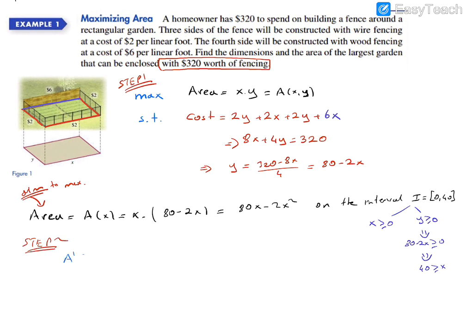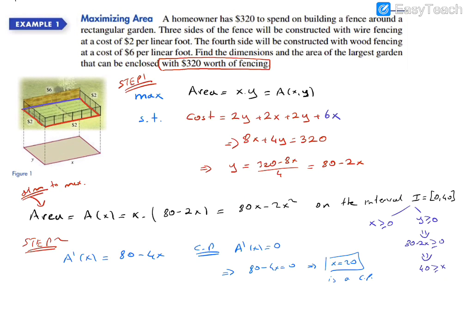The derivative of A with respect to x equals 80 minus 4x. So what is the critical point? The critical point is where the derivative of A of x equals 0, which implies 80 minus 4x equals 0. This implies x equals 20. So this is a critical point.